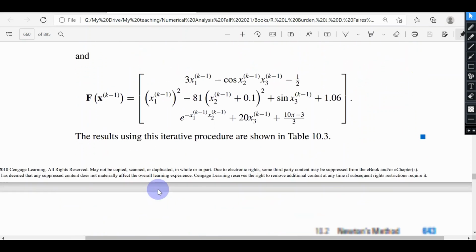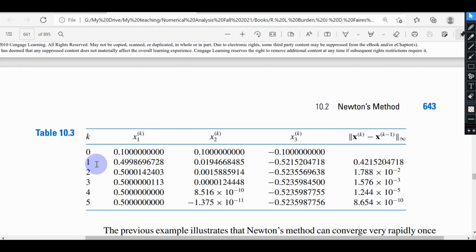I will get all the answers, and finally this is the iteration table. In the first iteration, these are my x1, x2, x3, then the second iteration, and so on. After doing 6 iterations, I will see that my x1 is 0.5 and x2 is very close to 0, because it's 10 raised to the power minus 11, and x3 is minus 0.5235.